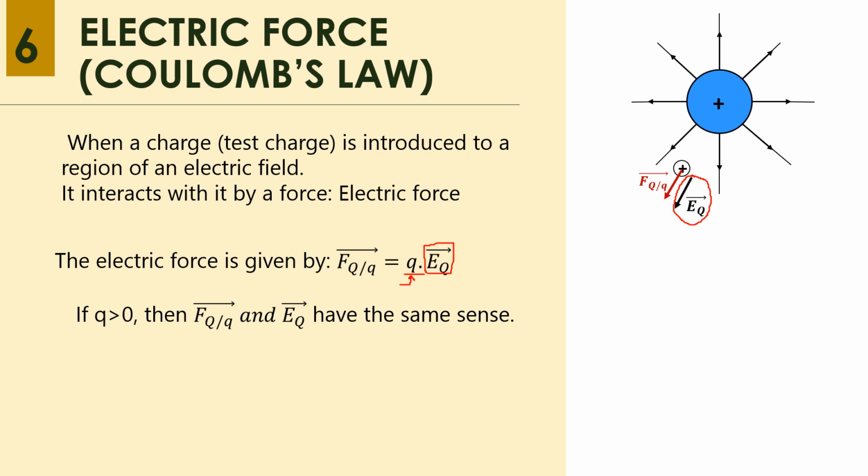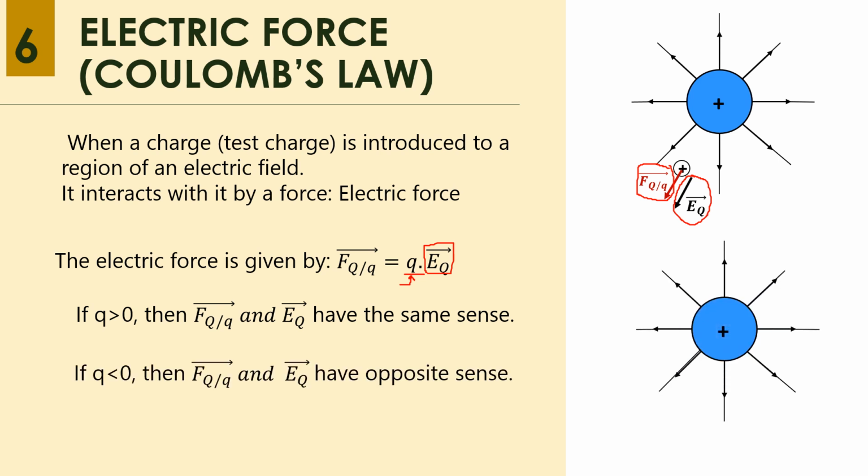And since this small charge is positive, the resulting force is collinear to the electric field, and of the same sense also. The second scenario is the same charge producing the same field which is going outwards. The electric field is drawn going out of the charge, but the test charge introduced is negative, therefore the force is opposite to the field.